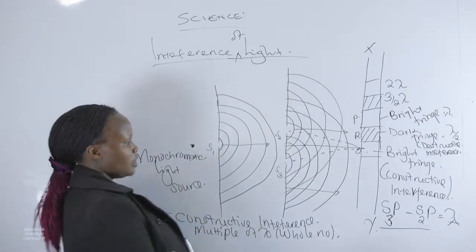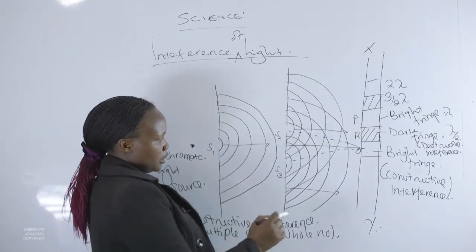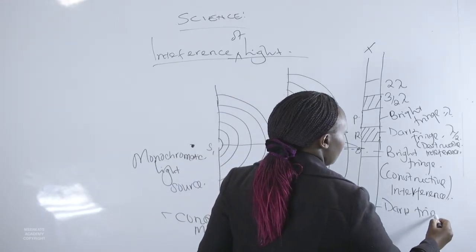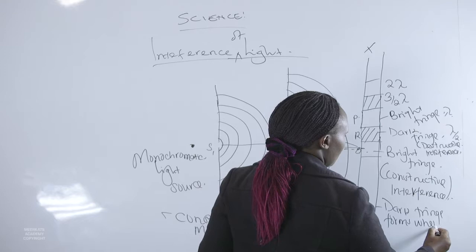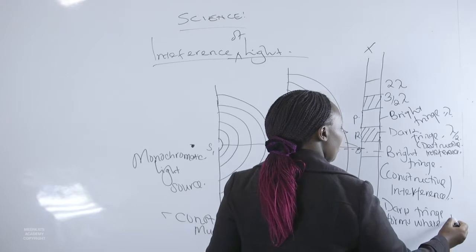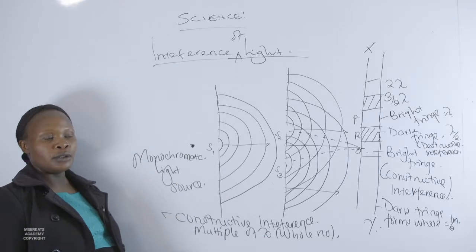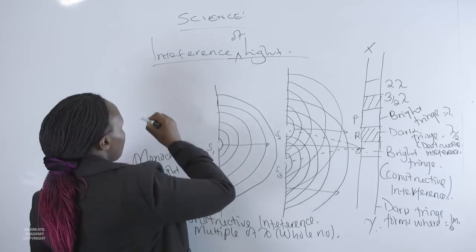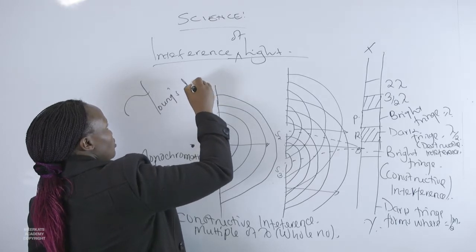However, dark fringes form where path difference is a half multiple of lambda. Now the whole of that process is called the Young's double-slit.